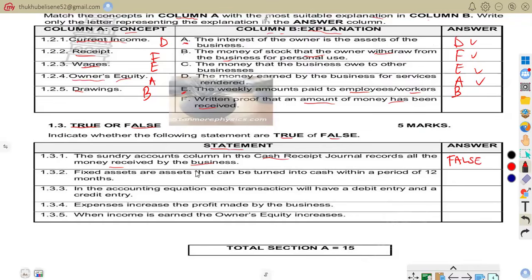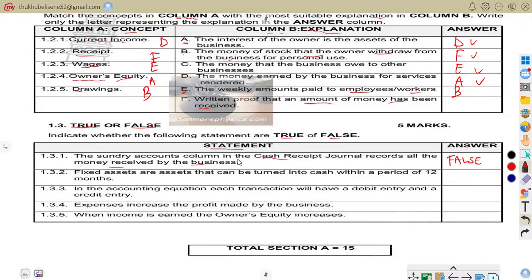It doesn't record all the money received by the business. The sundry accounts column records money received that does not fit into the main columns. Not all money received by the business, only the ones that do not fit in the main columns. That's why we're saying it's false. Hope we understand that.